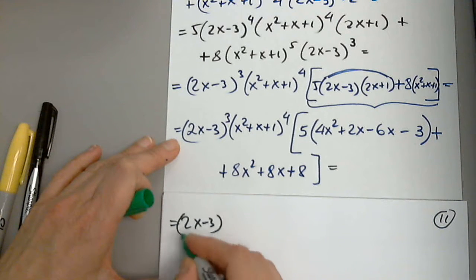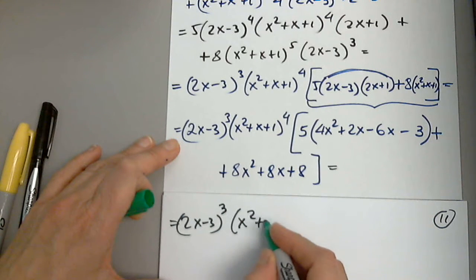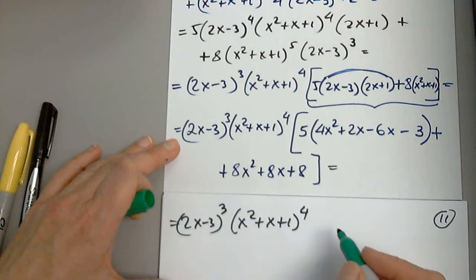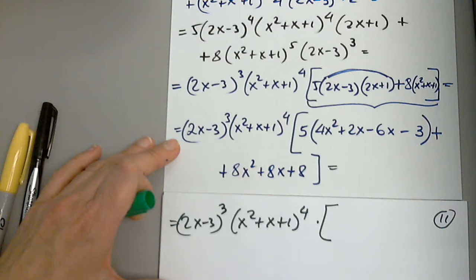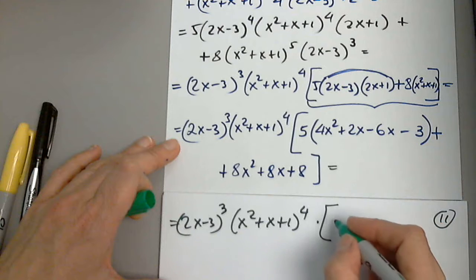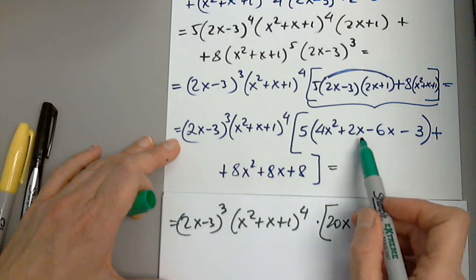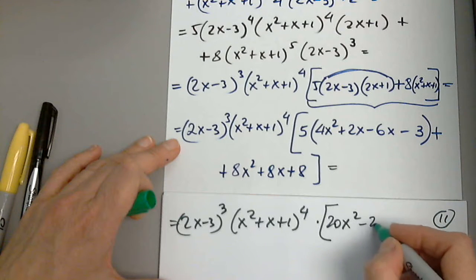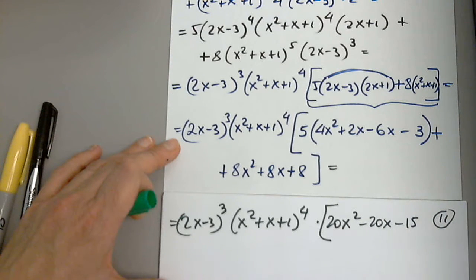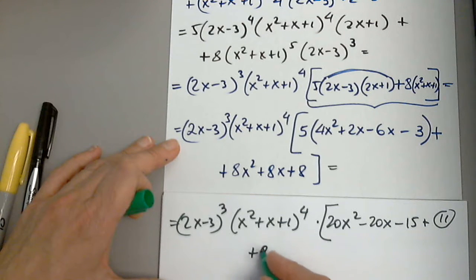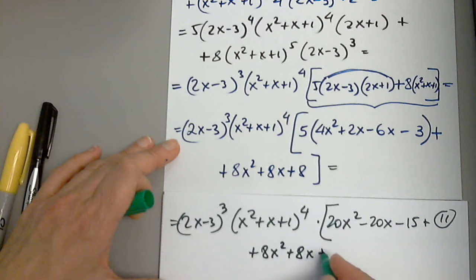2x minus 3 cubed, x squared plus x plus 1 to the 4th, multiplied by 5 times 4, 20x squared. This is negative 4x times 5, negative 20x minus 15 plus 8x squared plus 8x plus 8.